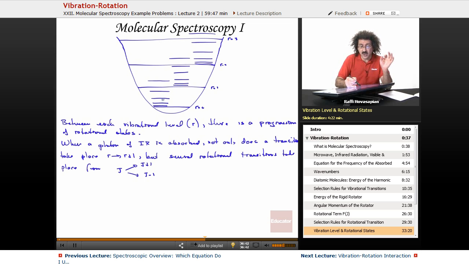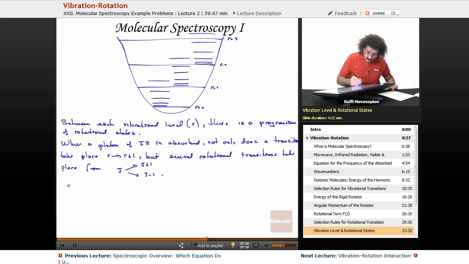It could go from J1 to J2 or J1 to J0. That's what this means. Several rotational transitions take place from J to J plus 1.